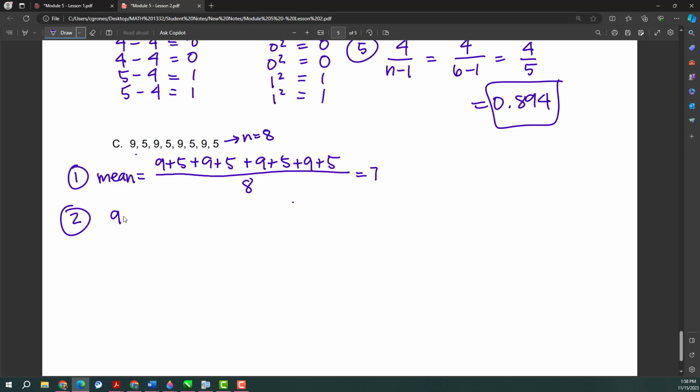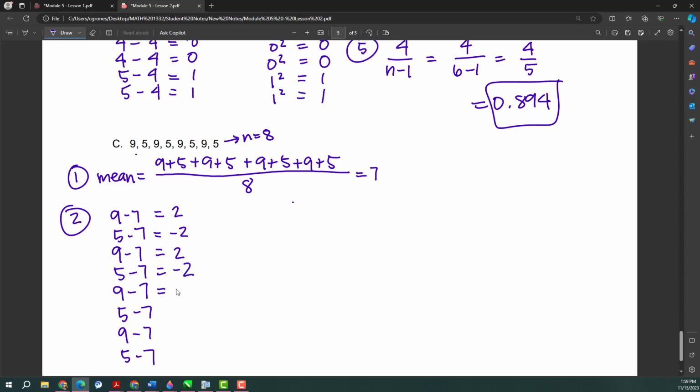Step 2, we're going to take each item minus the mean. These repeat 4 times. Oops, hang on. Let me rewrite this. Okay, so 9 minus 7 equals 2. 5 minus 7 is a negative 2. So all the way down we have 2, negative 2.